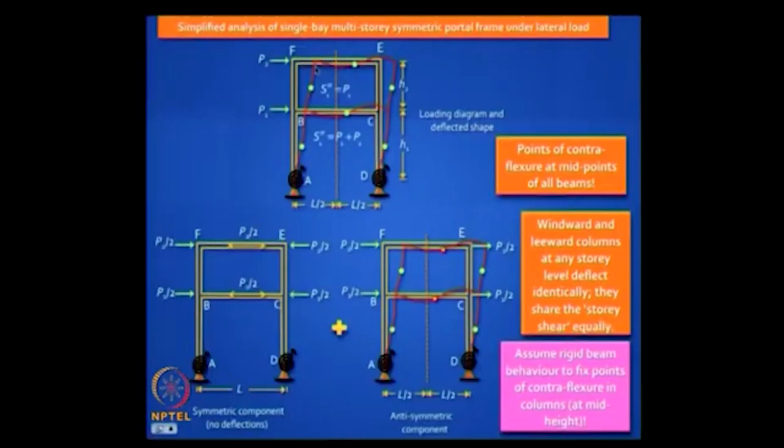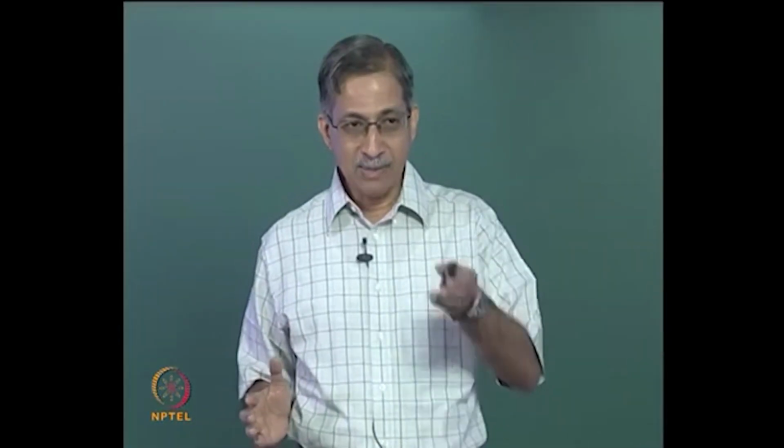So why would you assume that? Intuitively it is like the windward side should deflect more than the... Why? That is where the loading is coming directly. Right? Okay. By the way, if you really look at a building, that's also a misconception. Let's say the wind is blowing in this direction and you have a building here. It's true that the wind pressures are acting directly on the windward face, but on the leeward side also there is some suction, right?